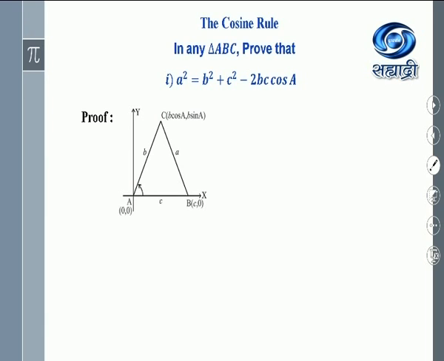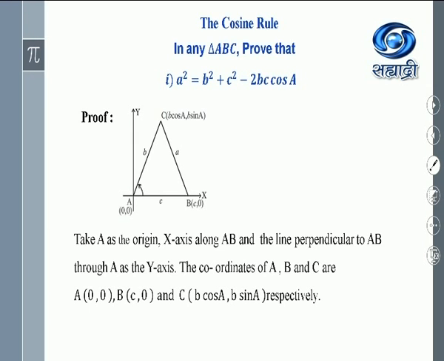For this, we will have to consider triangle ABC. Now, here you will have to consider point A as the origin. Means, if the triangle ABC is given, then this point A will have to be chosen in such a way that A is always at the origin.